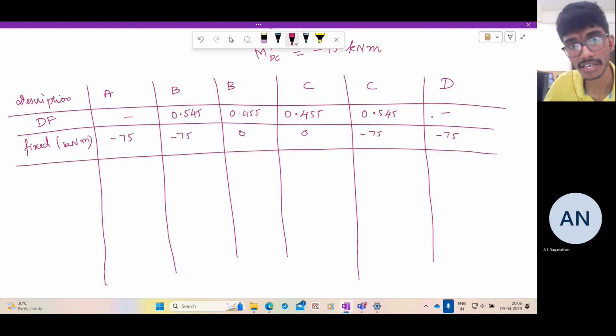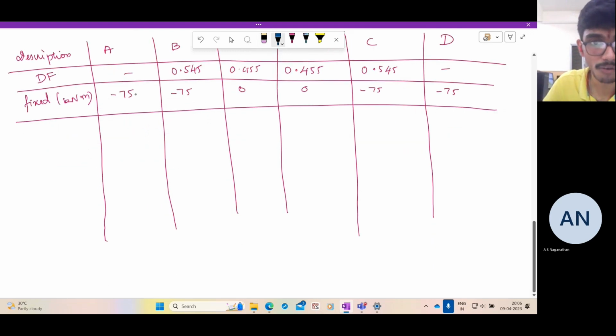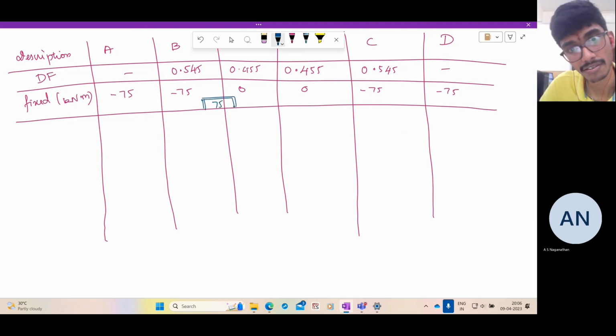What is the next step? You need to allow a rotation. So how much rotation? You need to apply so much rotation as to get a counter moment of 75 at this joint. Value 75 at this joint as well. In what fraction you should split them? Split them as 0.545 and 0.455. So if you do that, you get the numbers here.